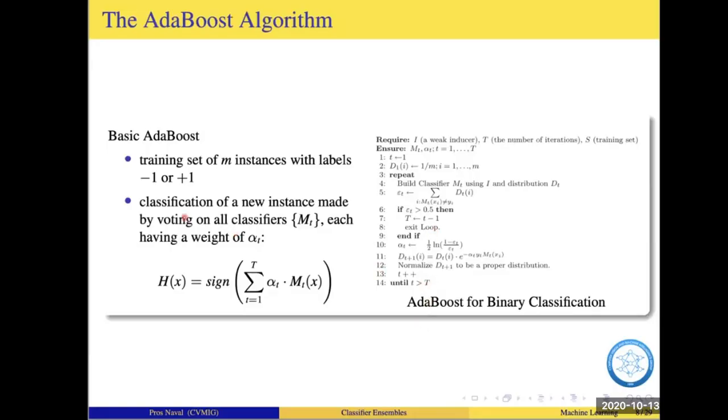The classification of a new instance is made by voting on all classifiers h_t produced here, each having a weight of alpha t, as follows. So that is the basic AdaBoost algorithm.